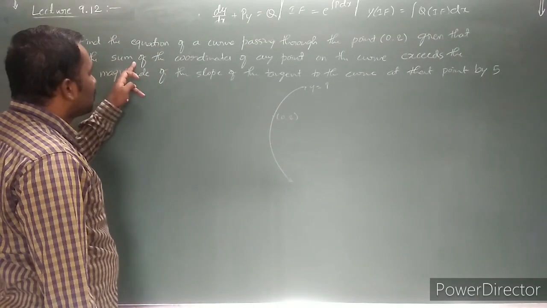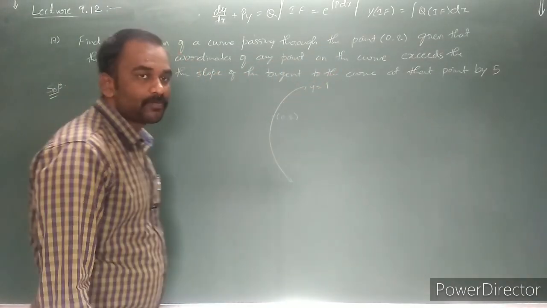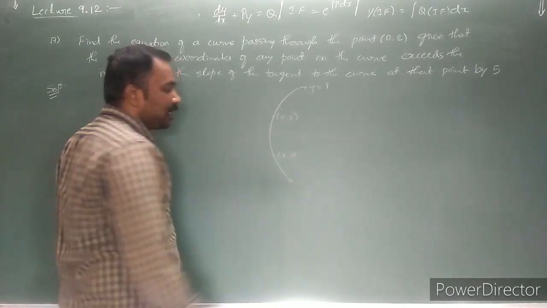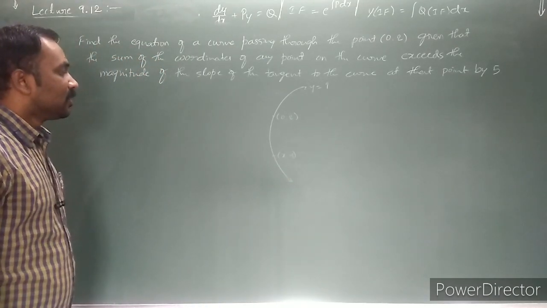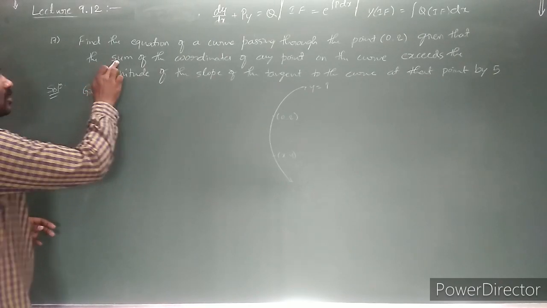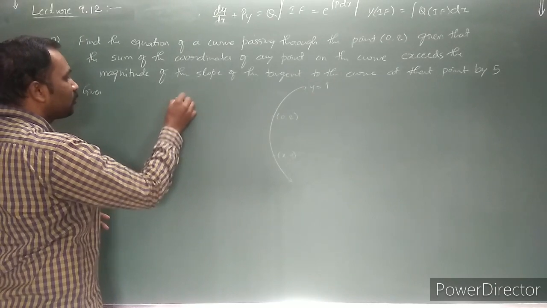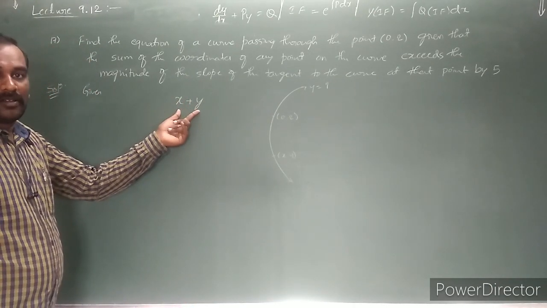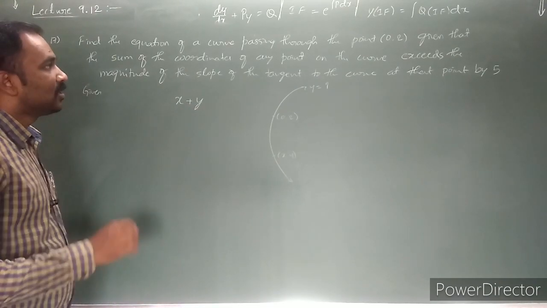Given that the sum of the coordinates of any point on the curve, suppose any point on the curve is x, y, which satisfies all the points of the curve, is nothing but x plus 1.